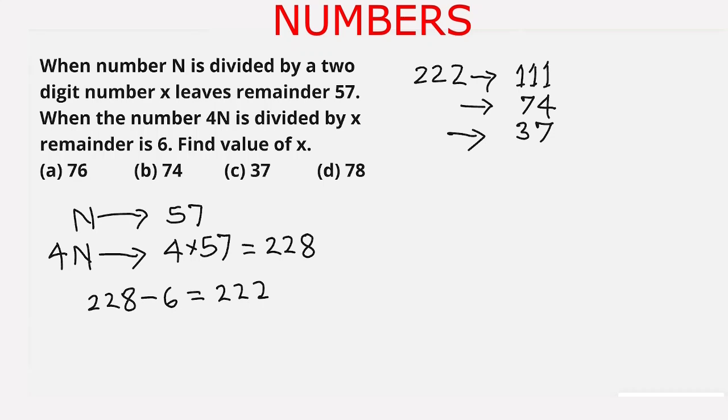Now as x has to be a 2-digit number as well as it should be greater than 57, the only number left out of 111, 74 and 37 is 74. And from the given options, that option is option B, 74.